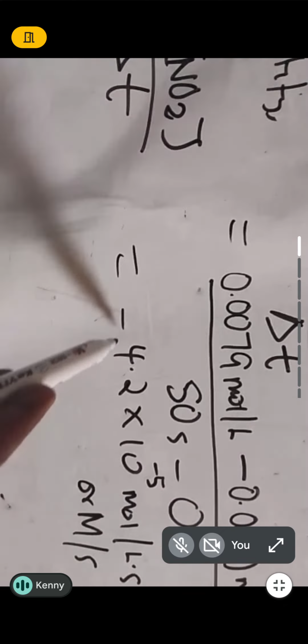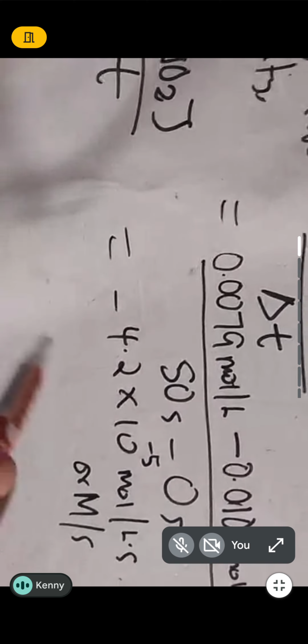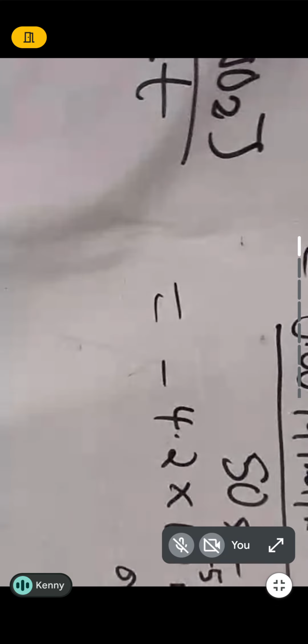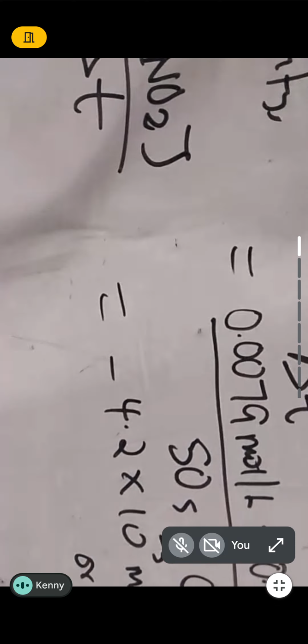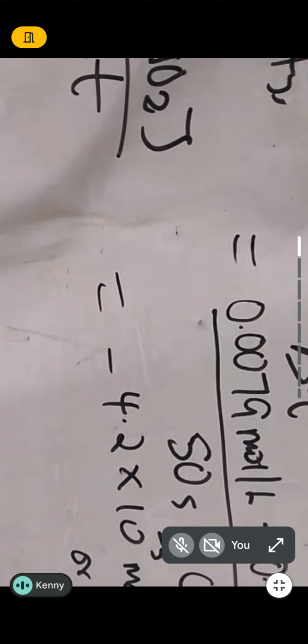If the negatives cancel, they will multiply to give a positive rate. So even if it is a negative rate, we shall always present it as a positive quantity.